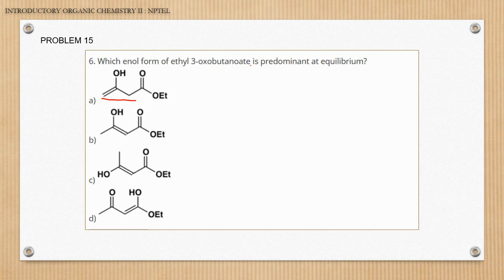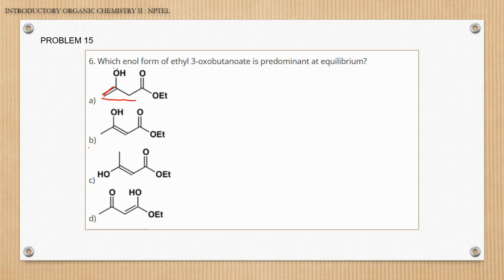I think C. Okay. So guys, what is happening in the first option? There is no delocalization possible with this ketone because of the exocyclic double bond. So this is not the most stable form.